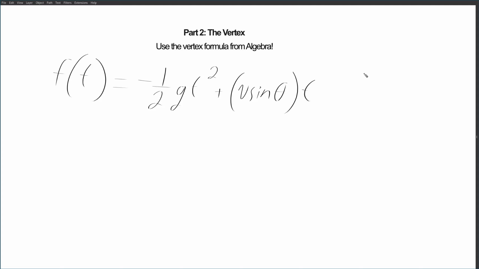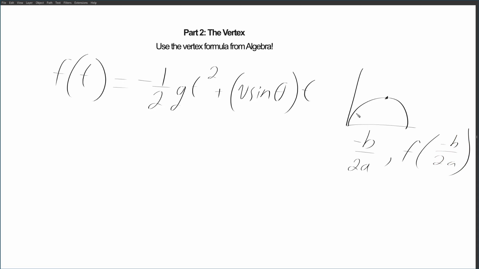What I mean by the vertex is, say you've got this motion here and you want to find the maximum height or how long it took to get there. So I mean use the vertex formula from algebra, negative b over 2a for the x coordinate, which would be the time here, and then plugging it in for the height.